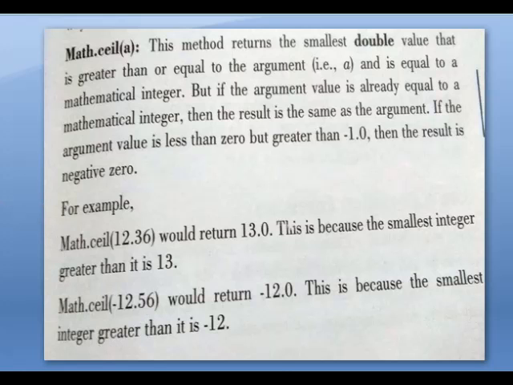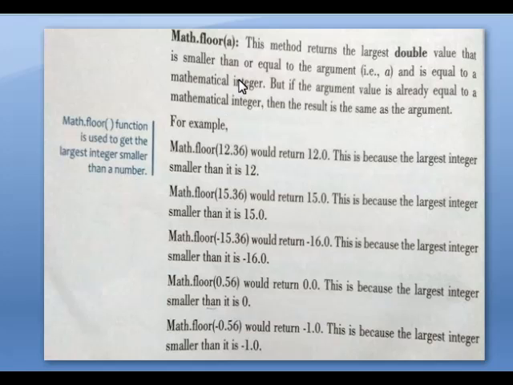Now the next one is Math.floor. The Math.floor function is used to get the largest integer smaller than a number. It is just the opposite of ceil. In the case of ceil, if it is a positive value, it will increment the value by 1, and if it is a negative value, it will remain as it is.